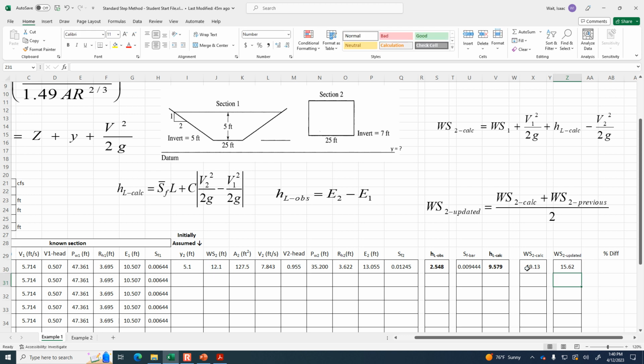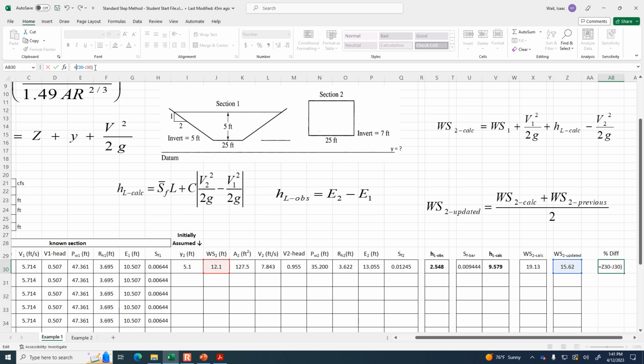Okay, so it says for the next iteration you should use 15.62. Now there's this column here that's percent difference that we're going to use as an indicator for whether the solution is converged. So for this percent difference, it's going to be the new, let's do the updated water surface minus the original one.